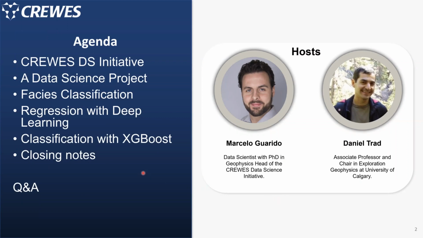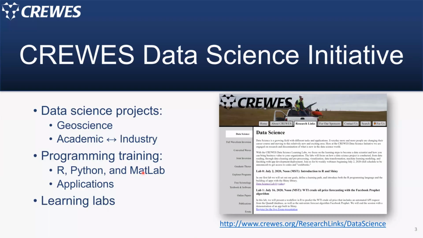Just to start, this is how we do our data science. This is the Cruz Data Science Initiative. Cruz is famous for doing seismic research for more than 30 years. And now we're starting this data science initiative, where we are going to focus on data science projects based in geoscience, doing academic and industry projects.